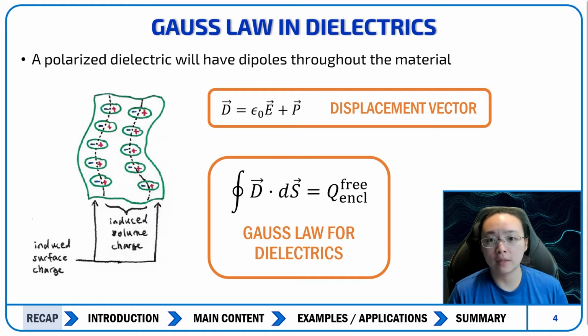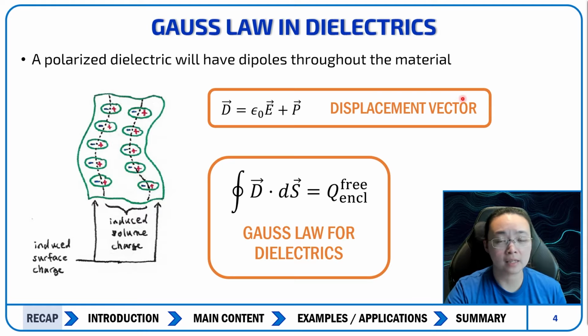First of all, we learned that when we're talking about dielectrics, in which case a dielectric is an insulator that can be essentially polarized and have an induced charge either on the outside or the inside. So a polarized dielectric will have dipoles throughout the material like this. So when we're talking about dielectrics, we also use a different form of Gauss law.